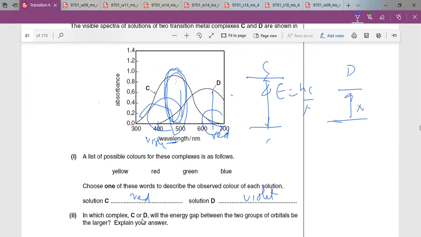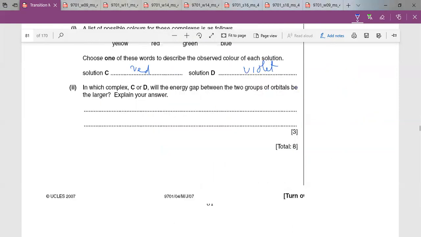Why? Because the wavelength here is higher, 650, and here is 450. A lower wavelength means high energy, so C splits more.